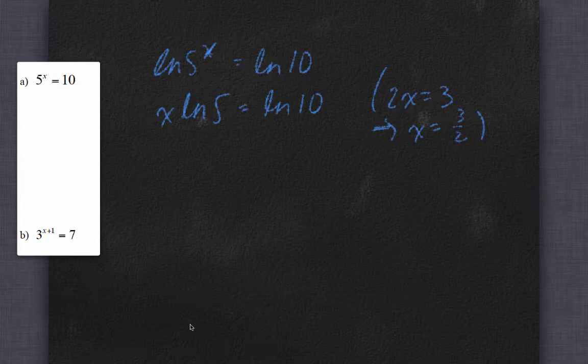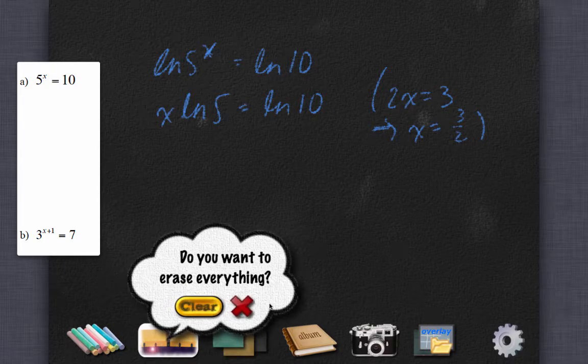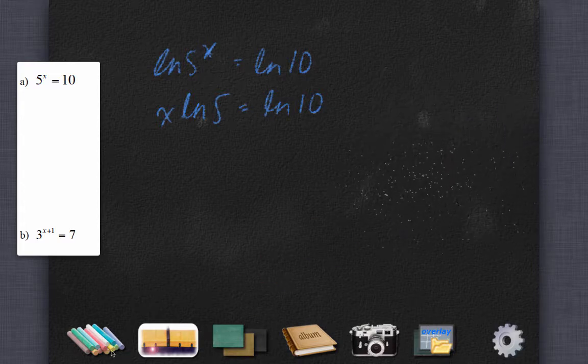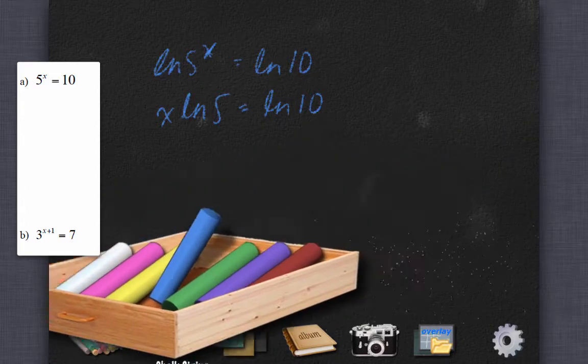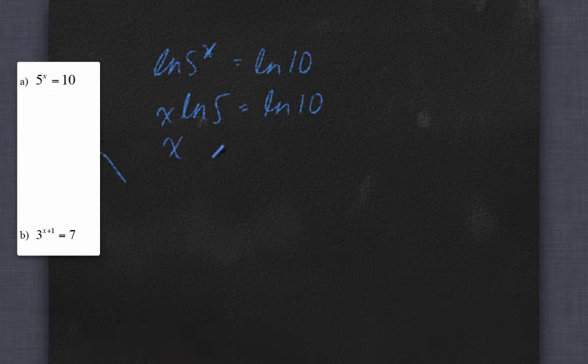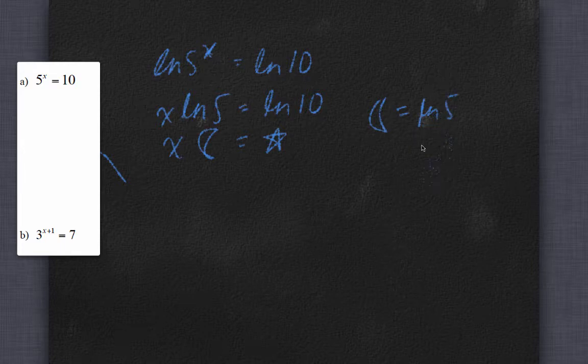So let me do this. For this one time, let me call this moon and star. So I have x times moon equals star, and moon is natural log 5 and star is natural log 10.